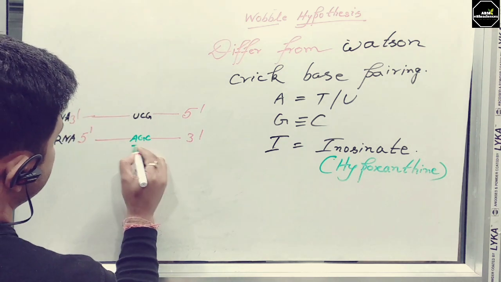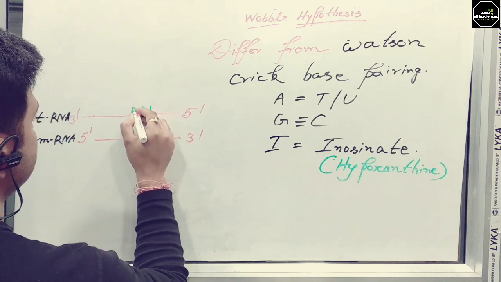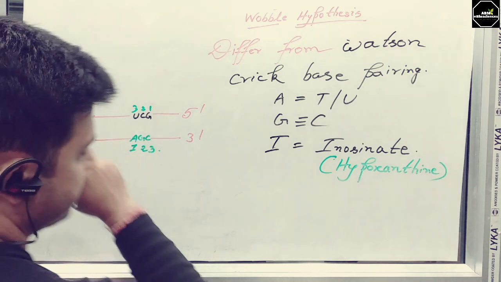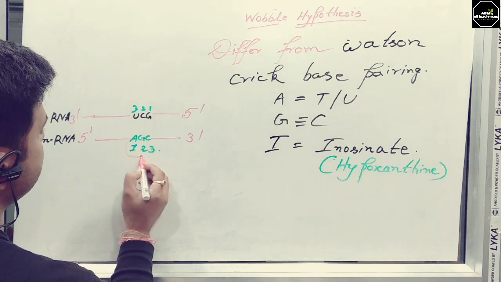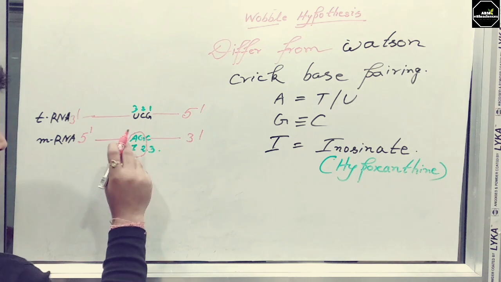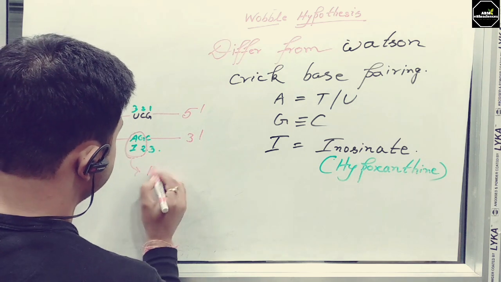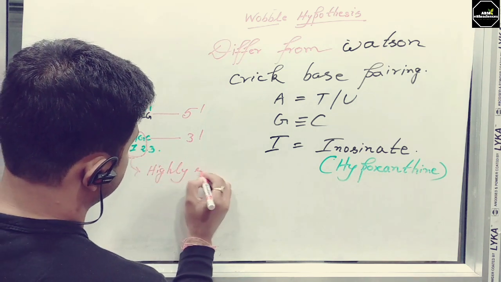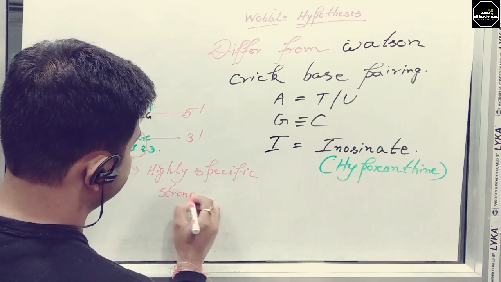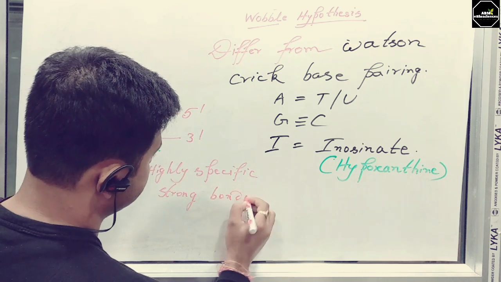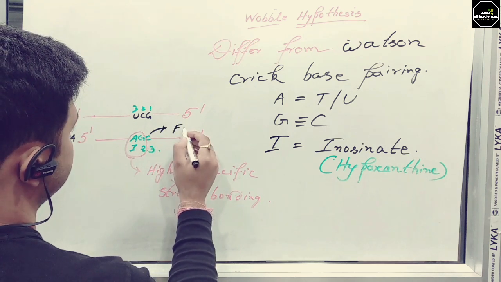Now, if you number the positions 1, 2, 3 in the codon and 1, 2, 3 in the anticodon, the first two nucleotides of the codon present in the mRNA are highly specific and encourage strong bonding, whereas the third one is flexible.